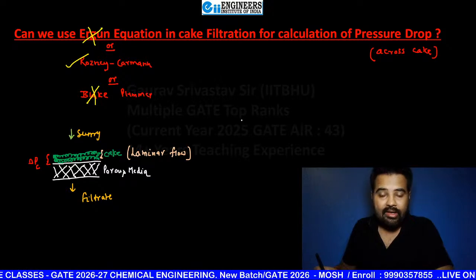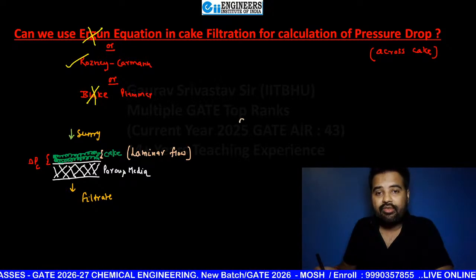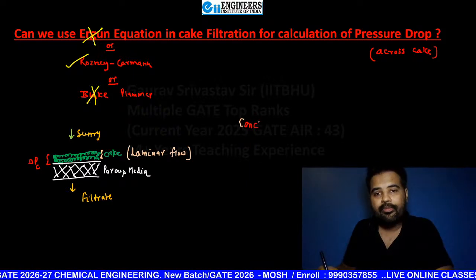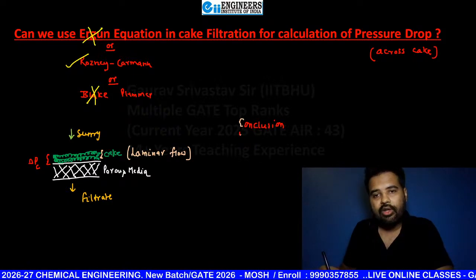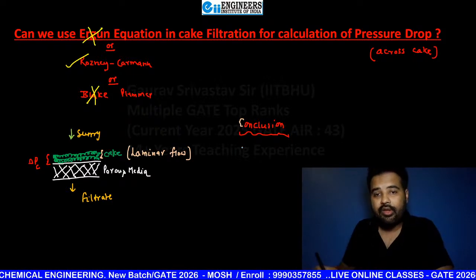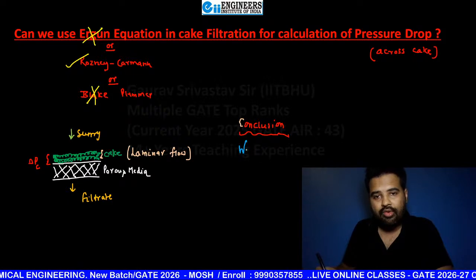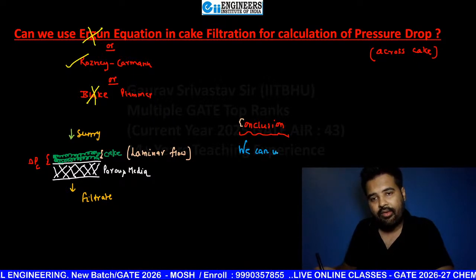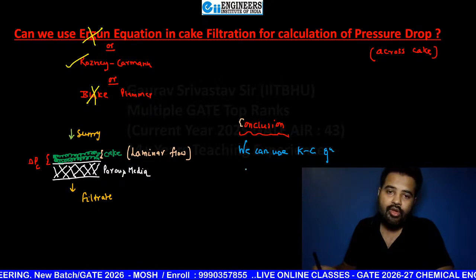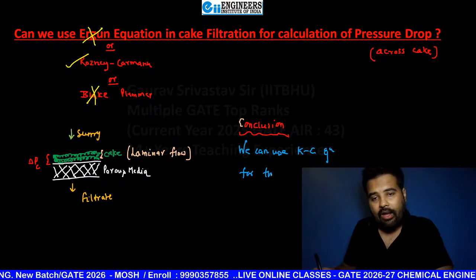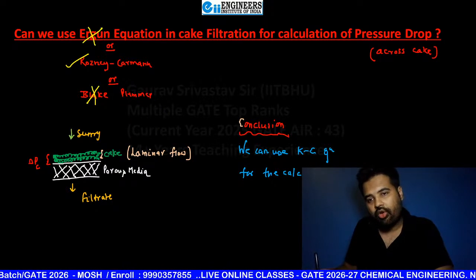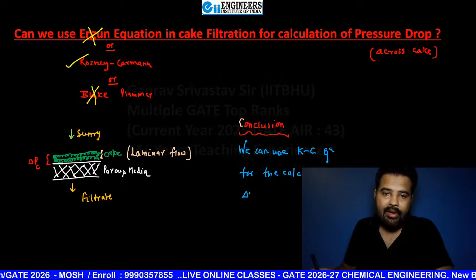So what is our conclusion here? We can use the Kozeny-Carman equation for the calculation of delta P_c.